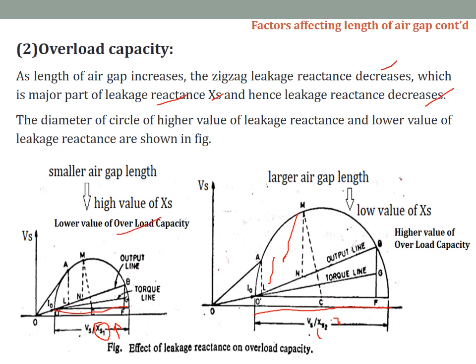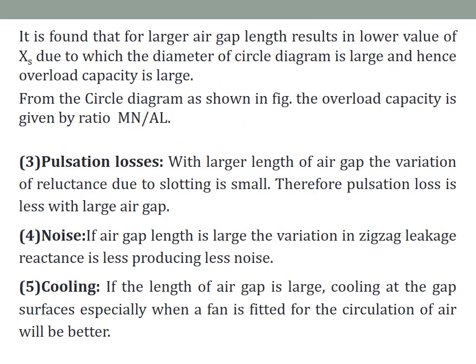So from the circle diagram, you can find the overload capacity as the ratio of Mn by AL. It is found that a larger air gap length results in a lower value of leakage reactance, due to which the diameter of the circle diagram is large and hence overload capacity is large.